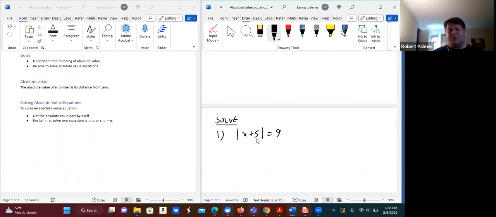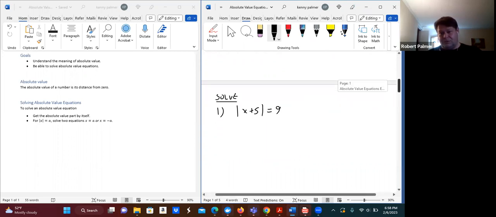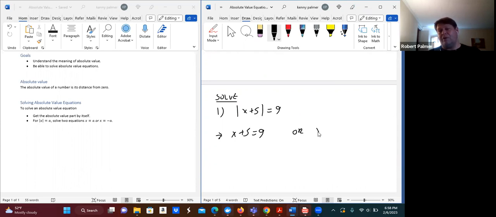It's 9 units from 0. So either x plus 5 has to equal positive 9, or x plus 5 is equal to negative 9. That's the only way it can be 9 units from 0.